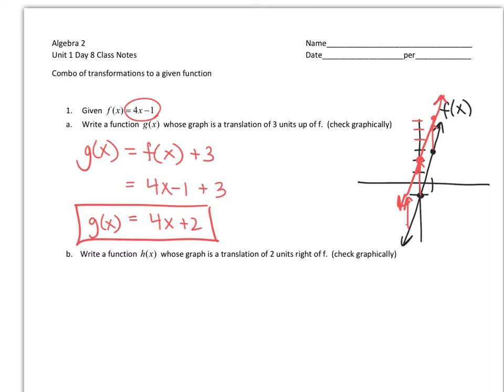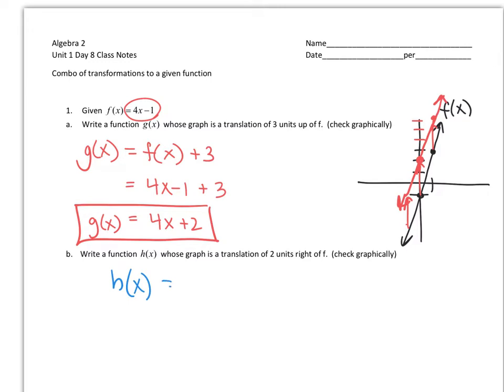So for part B, it says to write a function h of x whose graph is a translation of 2 units right of f. So if you think about what we do to show 2 units right, that means that it is moving horizontally.